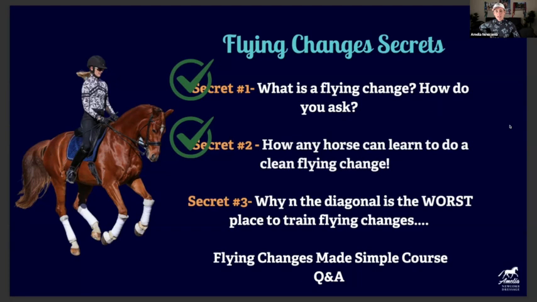I remember a lesson I took with a German trainer, and I was really struggling. It was the day before a show, and I couldn't get the changes. And he just kept saying, diagonal, do it again, diagonal, do it again, diagonal, do it again.